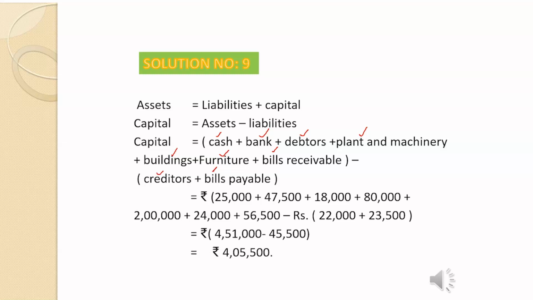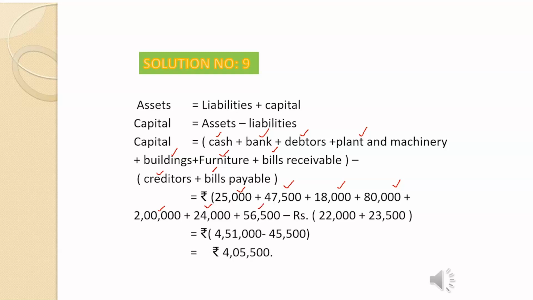Cash value 25,000, bank value 47,500, debtors 18,000, plant and machinery 80,000, building rupees 2 lakh, furniture value 24,000, bills receivable 56,500.